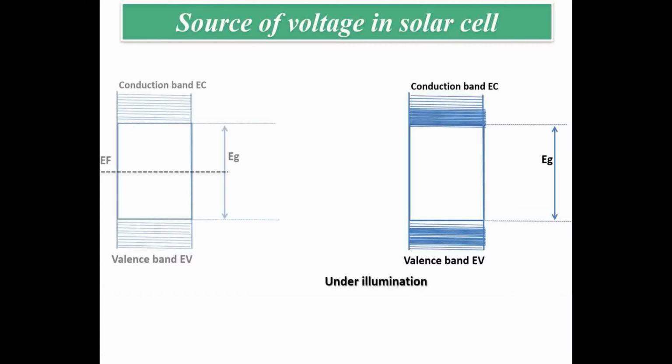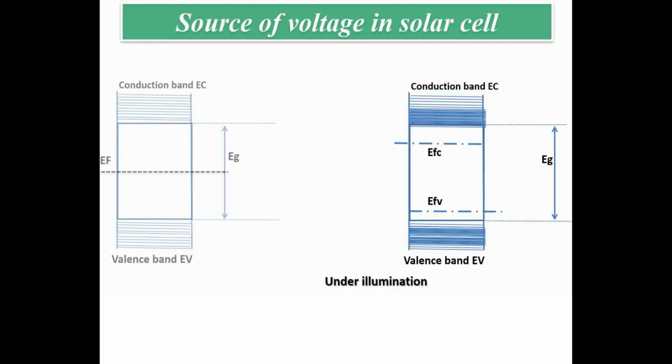Your Fermi level, which was earlier in the dark condition in the middle, will no longer be in the middle. It gets split, and the condition will be like this. So there are now two different Fermi levels, known as quasi Fermi levels. They are quasi because they exist only as long as the cell remains under illumination.